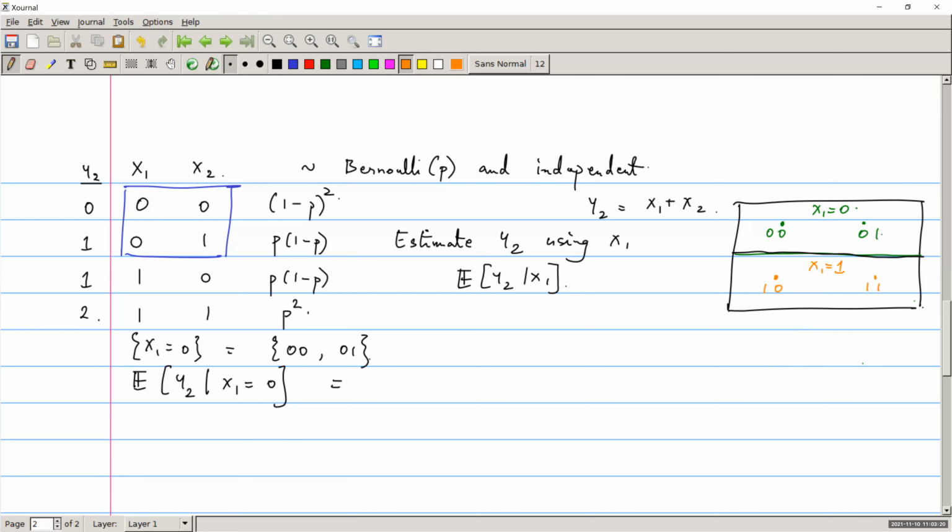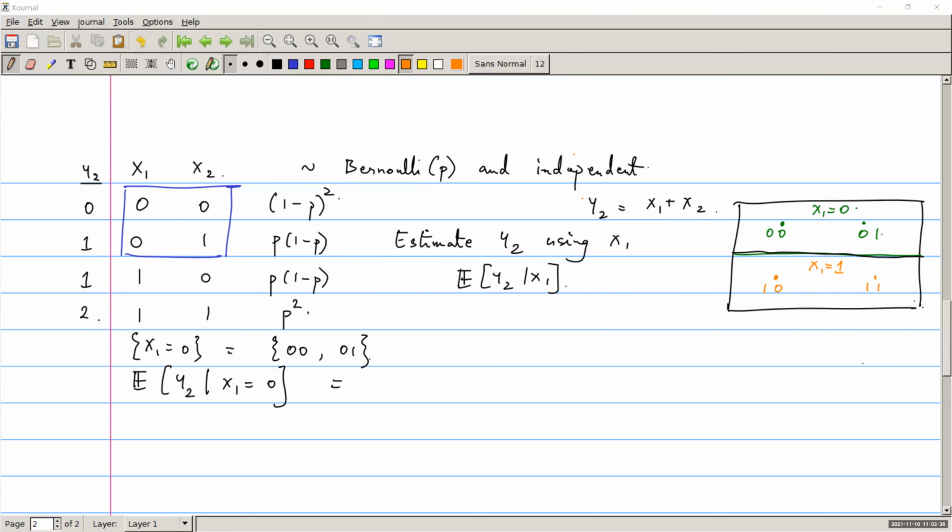Now we are zooming in on the event x1 equals 0. We want to compute the expectation of y2 given x1 equals 0.